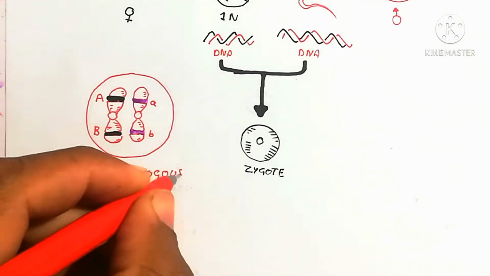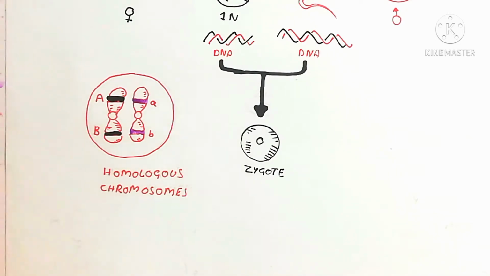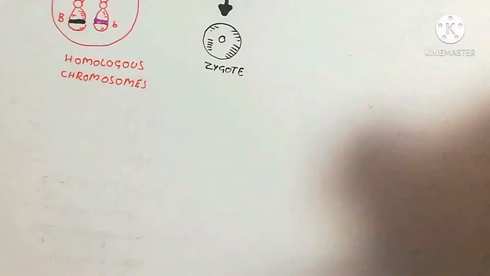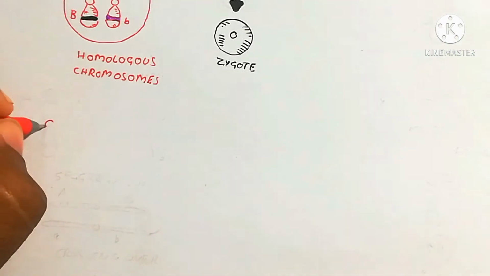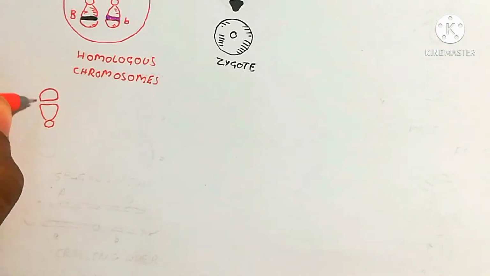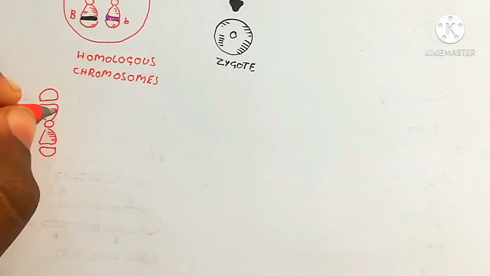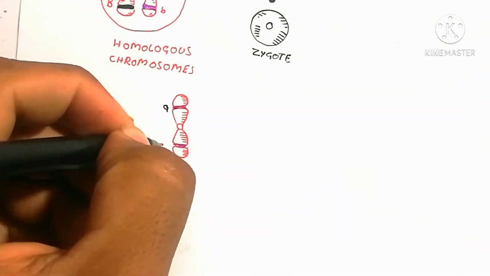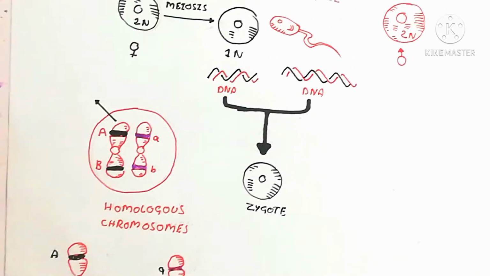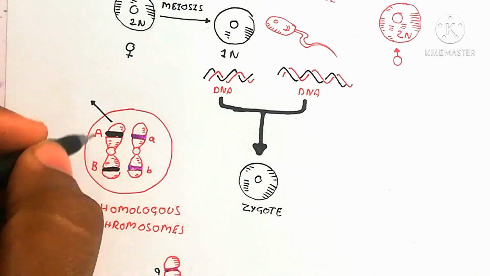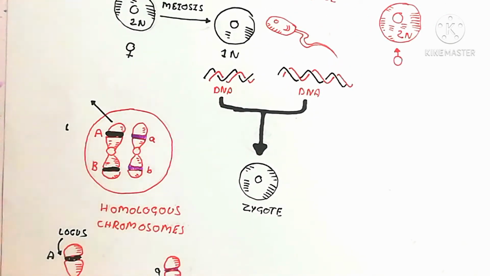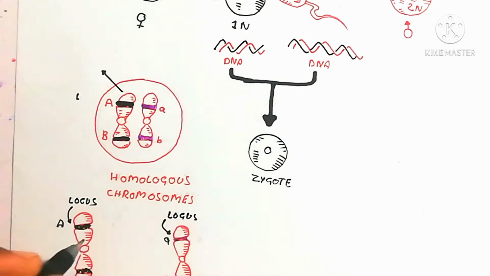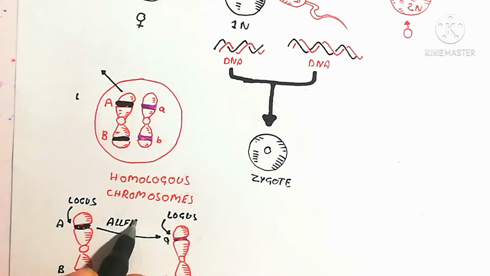So this again is mother and father DNA, which contain a dominant and a recessive allele: capital B is the dominant and the little b is the recessive. Here, different types of genes are present in the chromosome. For example, insulin production comes from chromosome 9 or 11, maybe 11.